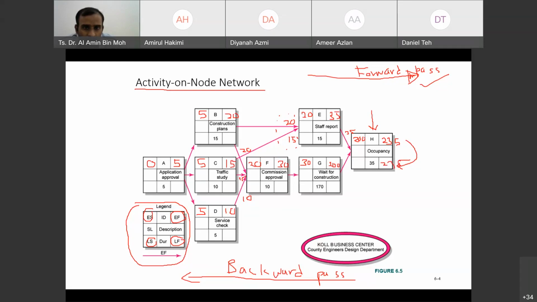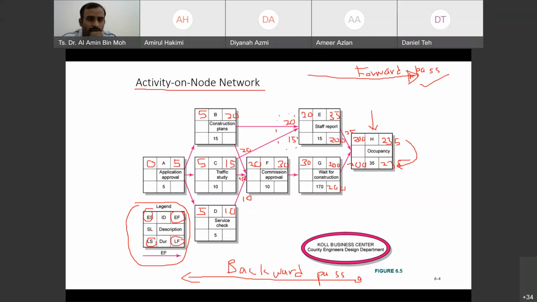235. So now we start moving backward. What we are going to do is minus. 235 minus 35, you're going to get 200. And the 200 goes here, and the 200 also goes here.